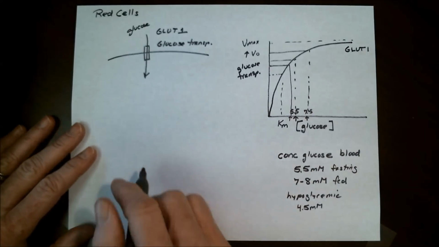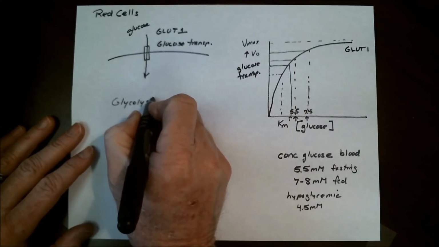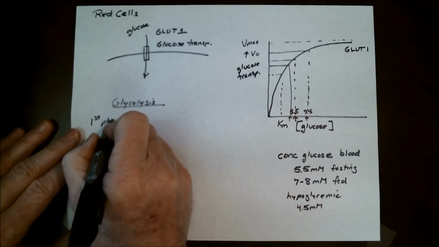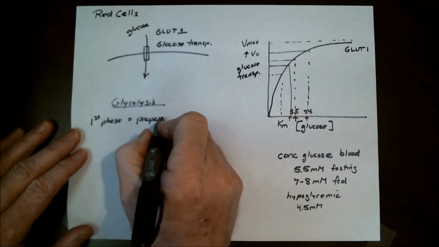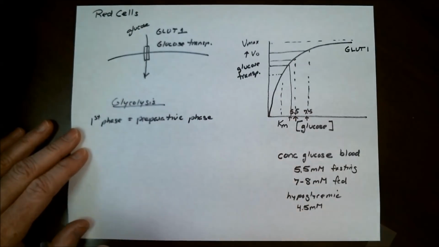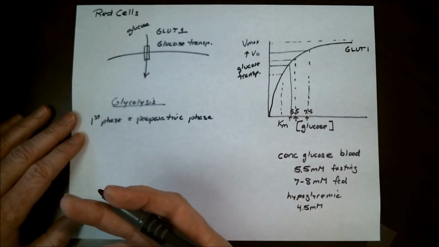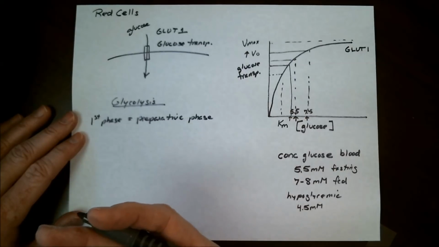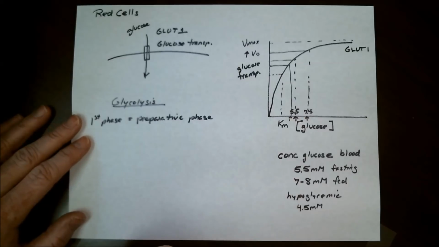So now there's two phases to glycolysis. The first phase is called the preparative phase. And this phase is essentially preparing the glucose molecule for further oxidative reactions in order to harness and gain that energy in that high-ordered structure.